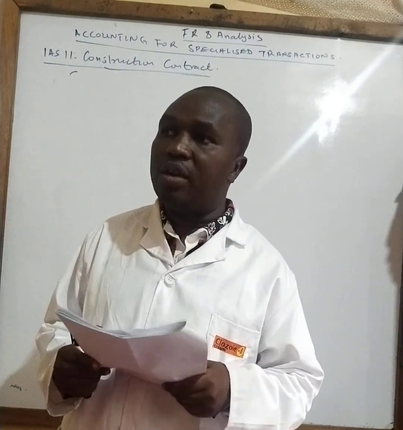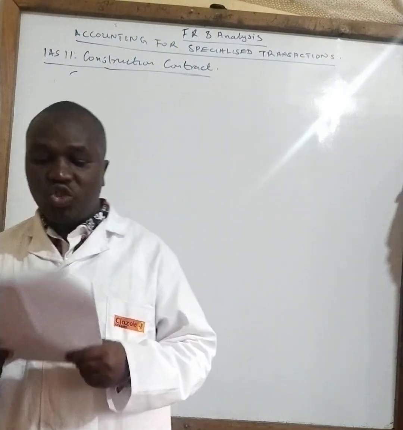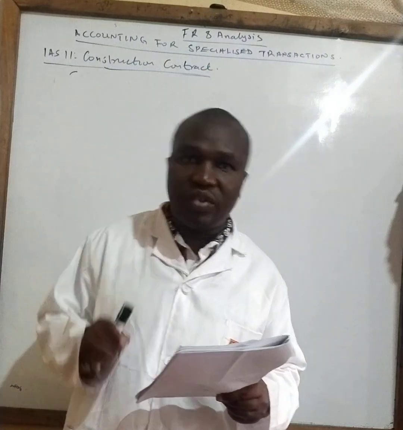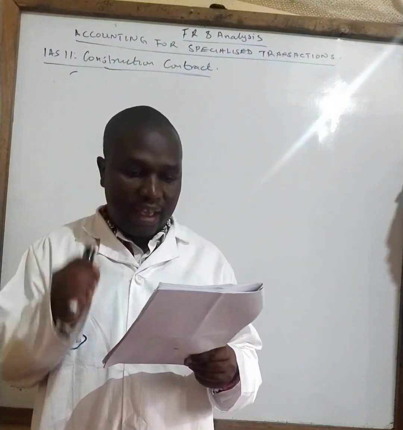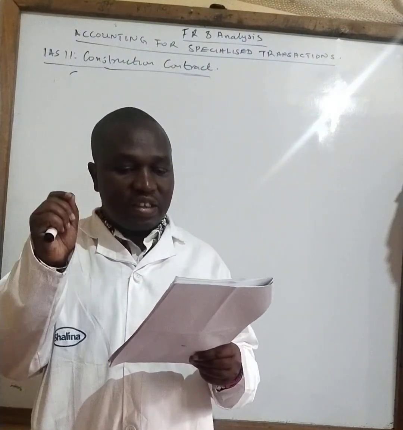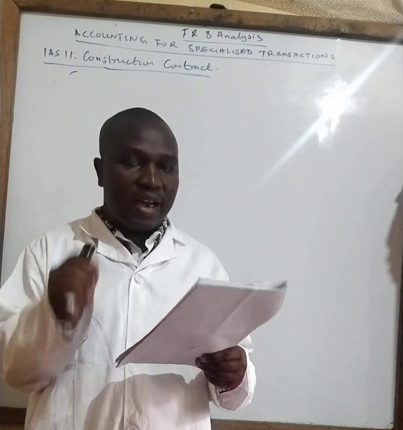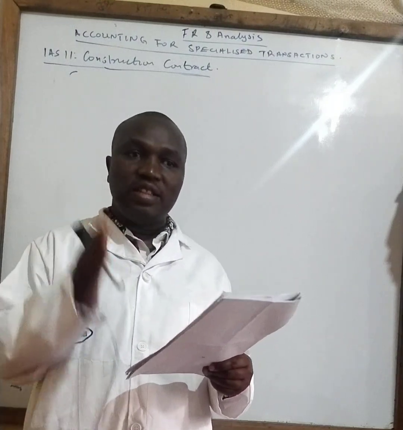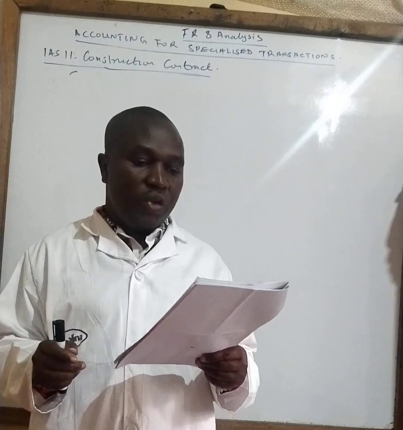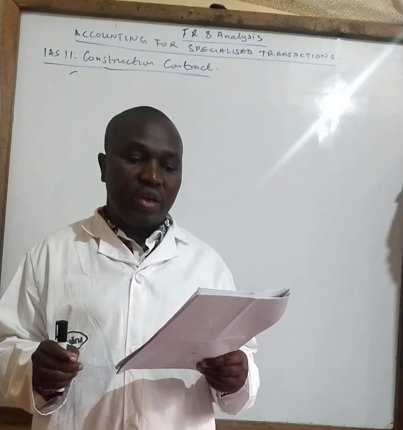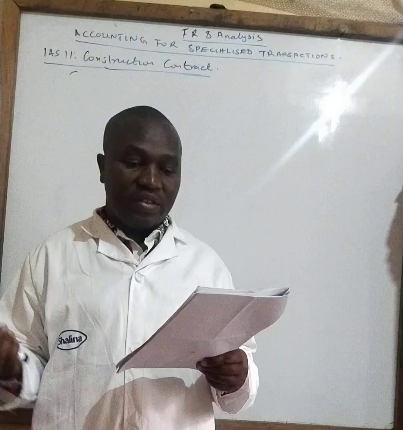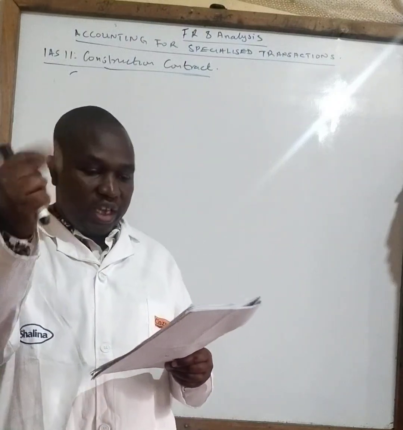Before you do any computation, ensure that you understand each and every part of the question. First, let me go through again. Suppose that a contract is started on 1st of January 20x5. That is the inception period, with an estimated completion date of 31st December 20x6. So how many years are those? 2 years.